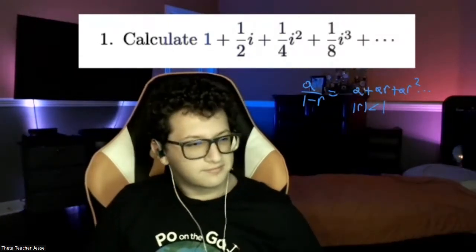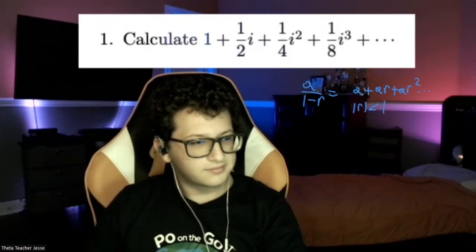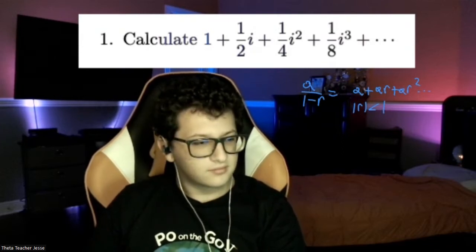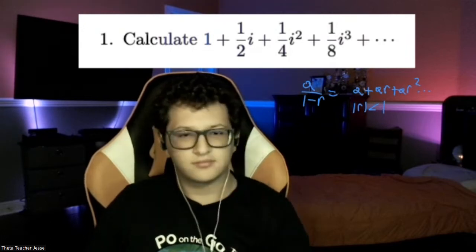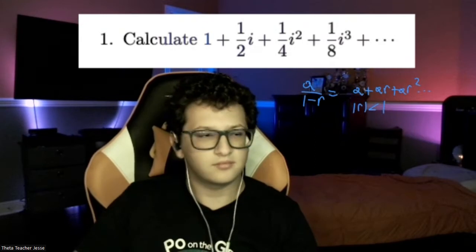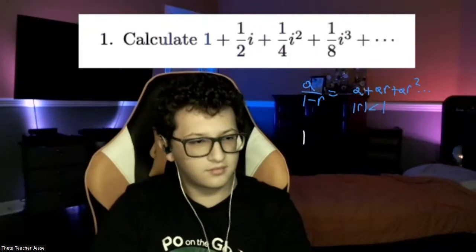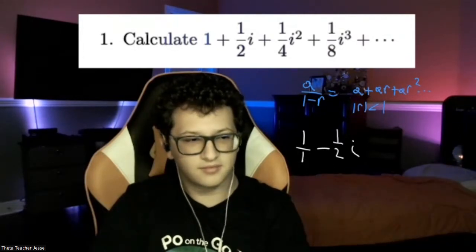There were a couple of people that told me 1 over 1 minus half i. Now how we could do this is we need to conjugate the bottom of that, right? So what we're going to do is multiply the numerator, Jesse, you can write this out, 1 over the quantity 1 minus half i.